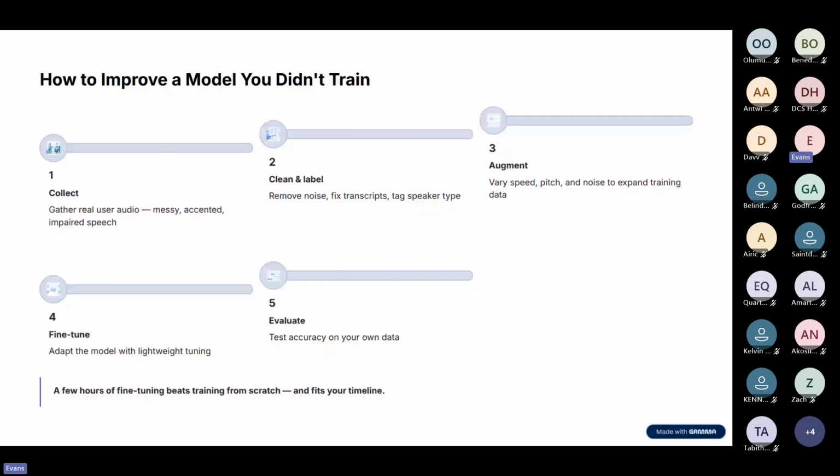So first, you have to get data, right? Data in your domain. If you want to solve something about impaired speech, get data on impaired speech. If it's accented speech, you get data on that. Maybe you want to have a paging model, something. So data in the domain you want to solve. You make sure you clean and label.